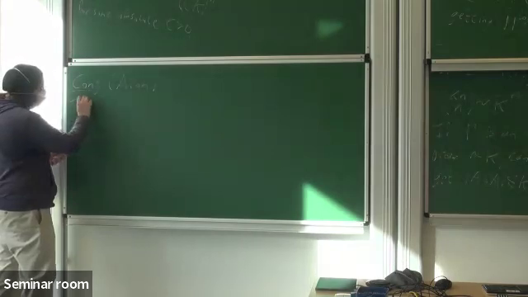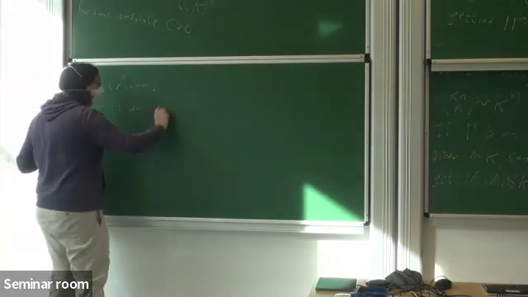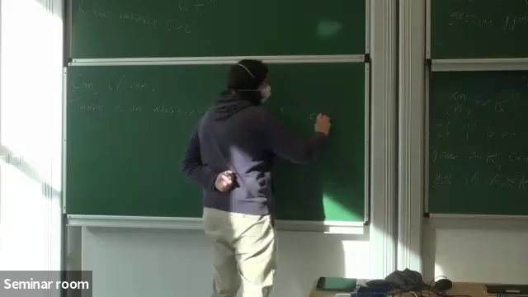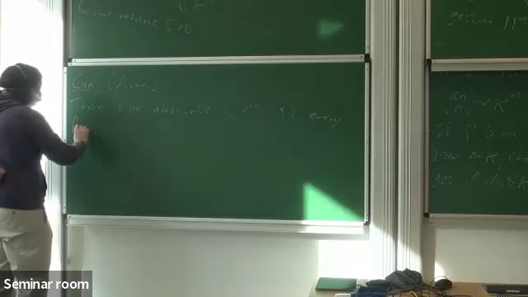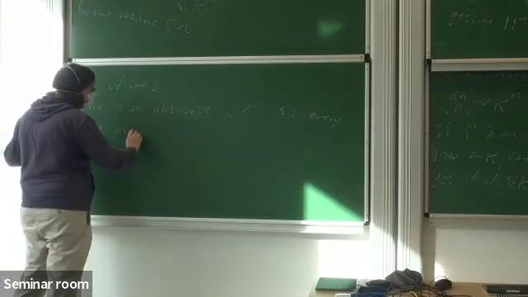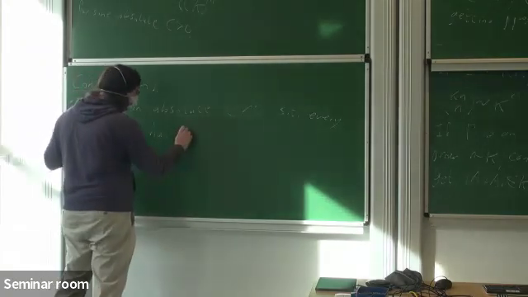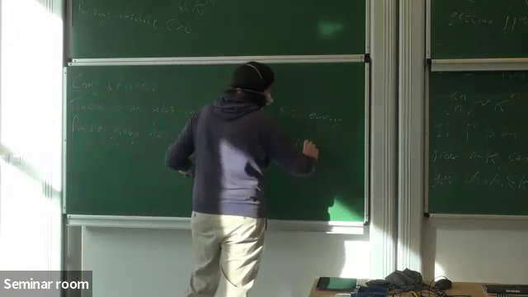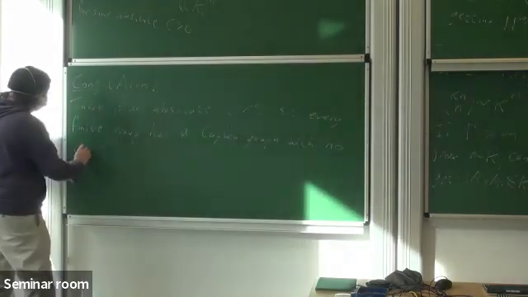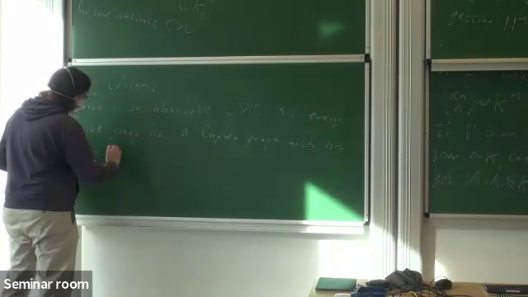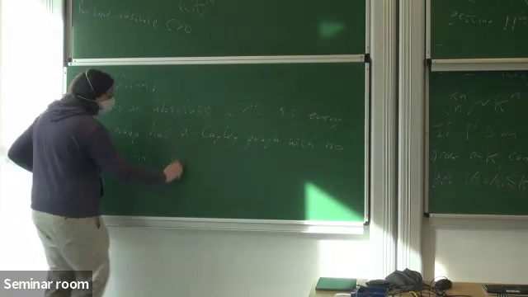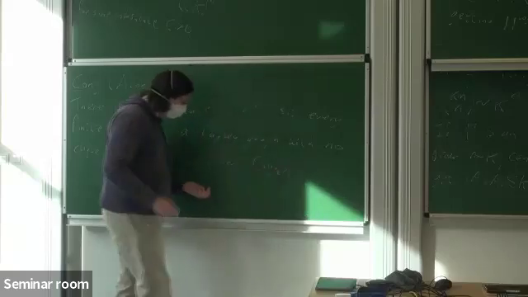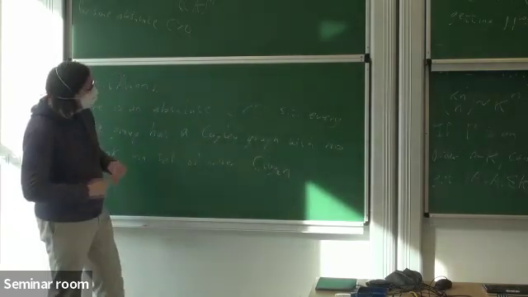There is an absolute constant C such that every finite group has a Cayley graph with no clique or independent set of order C log n. This might even be true with 2 instead of C.